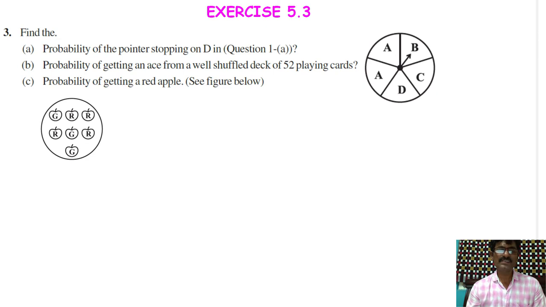Exercise 5.3, third problem. Find the probability of the pointer stopping on D in question number 1A. Here is the spinning wheel. Now what is meant by probability?